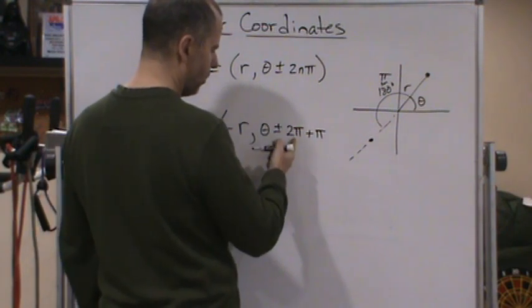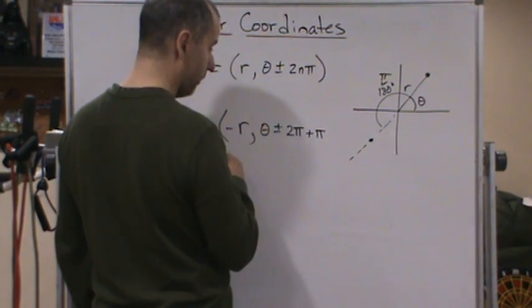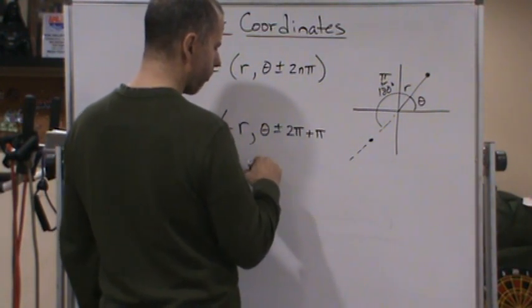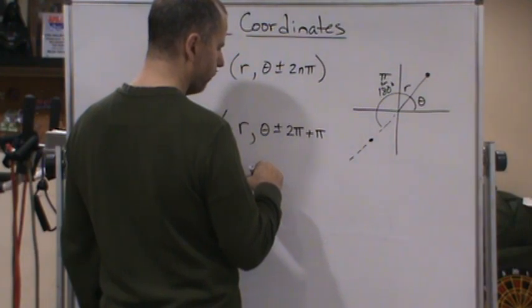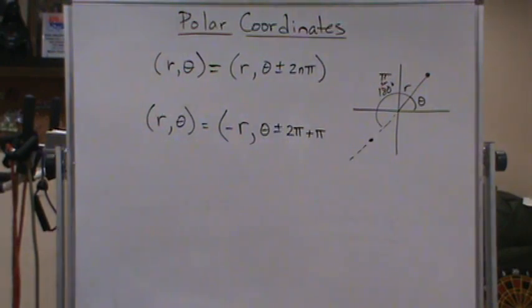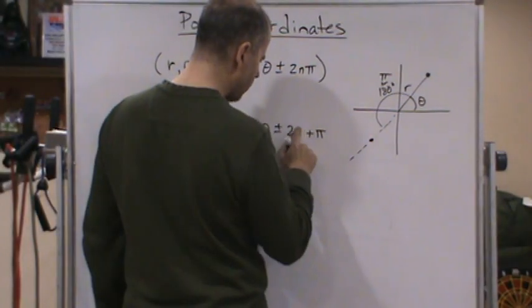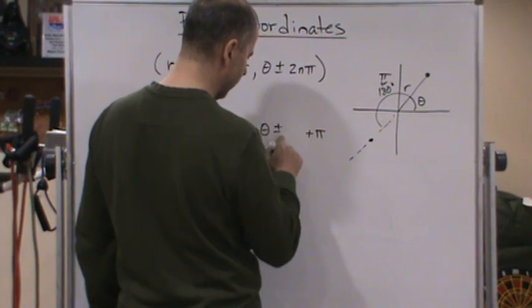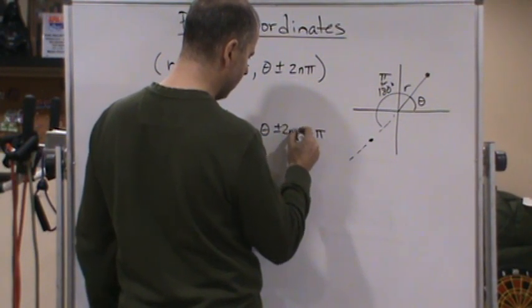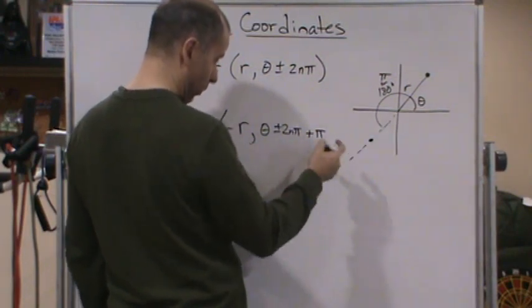If I go one more, or 3 pi, 3 pi will work. In fact, if I do any multiple of 2 pi, so 2n pi plus another pi, that'll work.